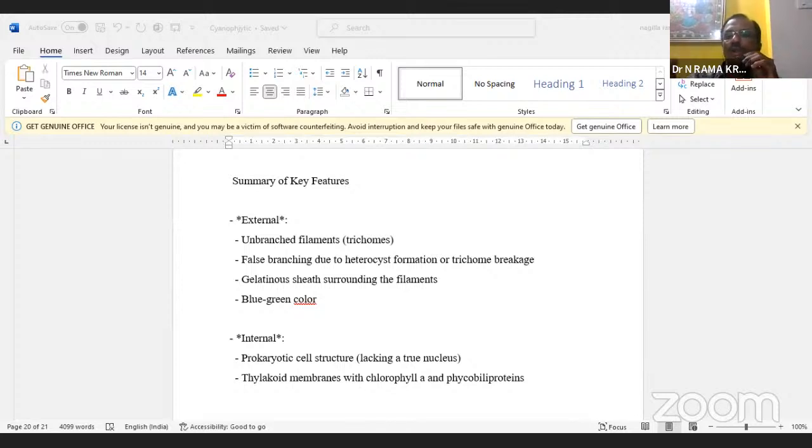What is the meaning of gliding motions? Gliding motions means these plants go from one place to another by gliding movement. Here in the cyanobacteria, flagella are totally absent.